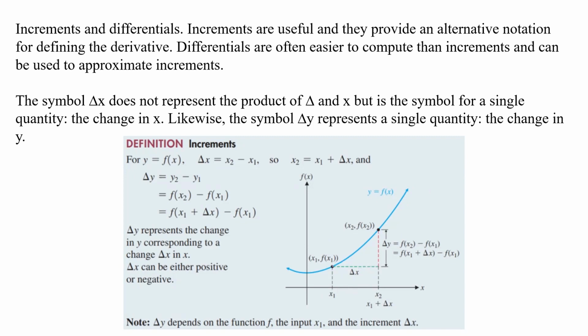Our y is going from here up to here, and the delta y is that change. So we take f of x2 minus f of x1, and that gives us delta y. Another way to look at x2 is f of x1 plus delta x. Note delta y depends on the function f, the input x1 and the increment delta x are all required to get all these pieces.